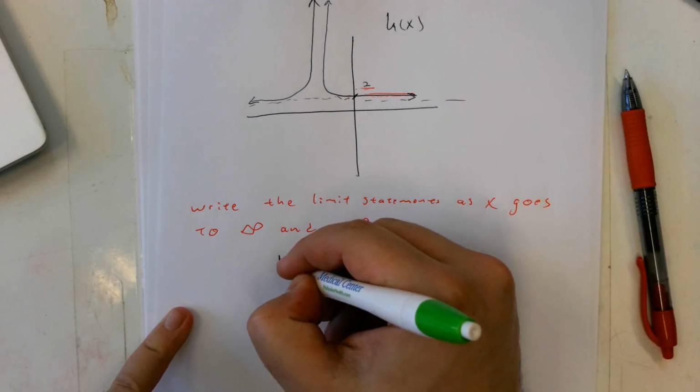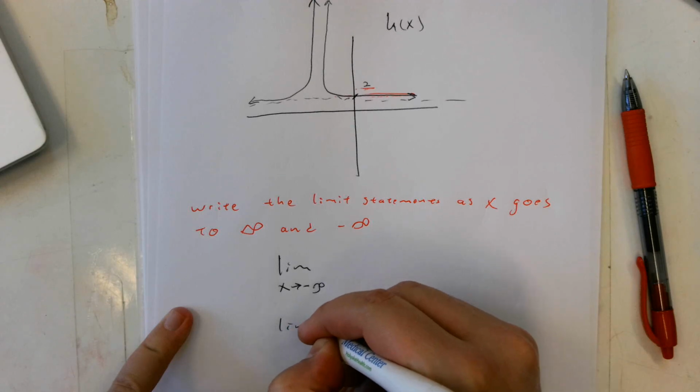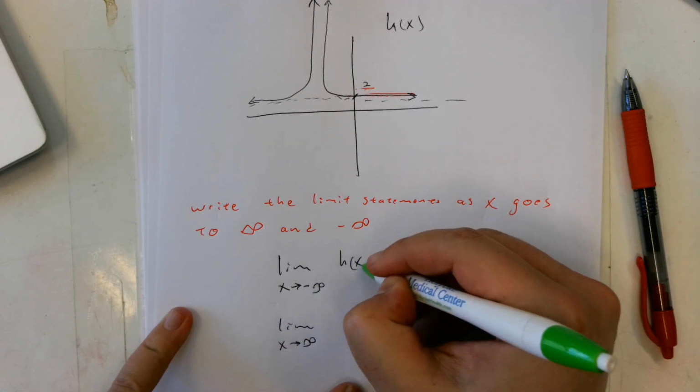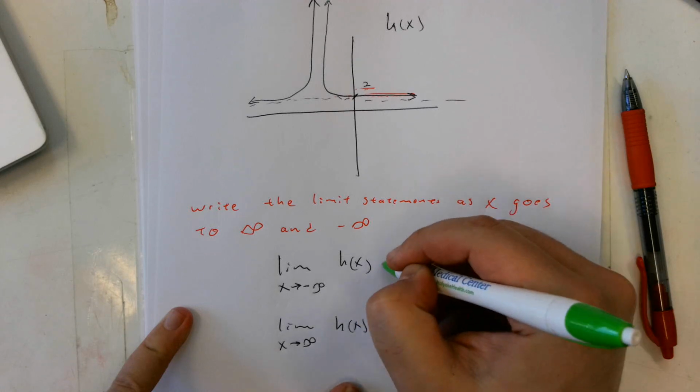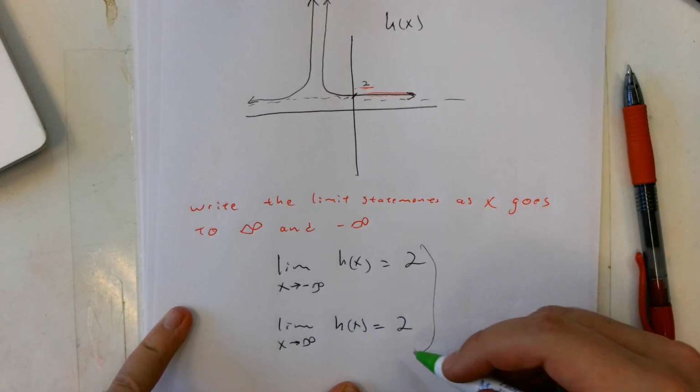So my limit as x goes towards negative infinity and my limit as x goes towards positive infinity of h of x are both equal to 2.